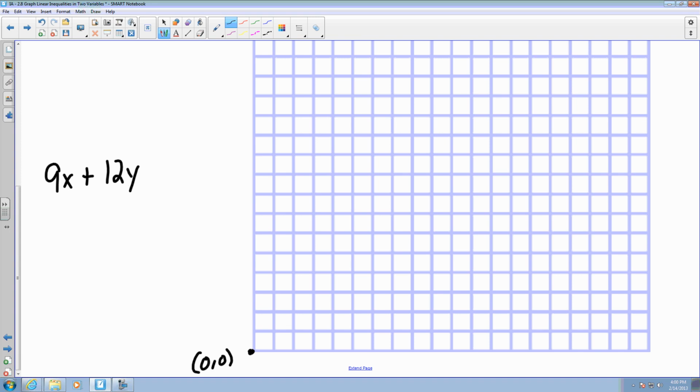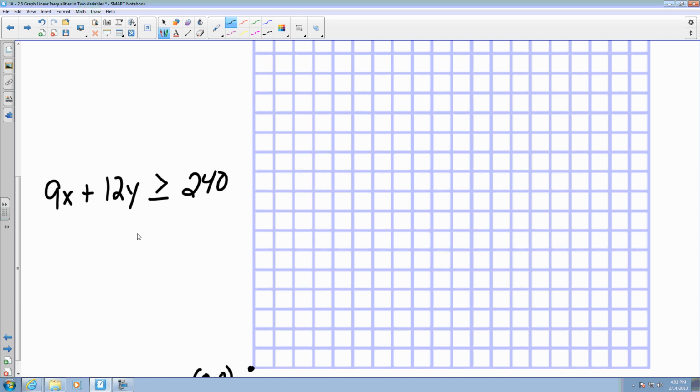And I want to make at least $240. I can make more than $240, but I want to make at least $240, so I must put a greater than or equal to on my inequality.